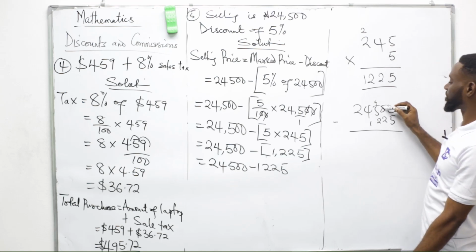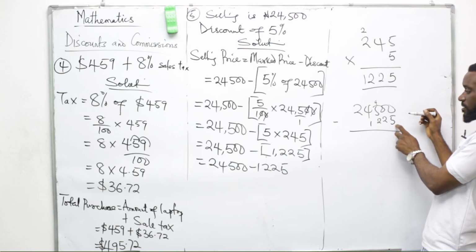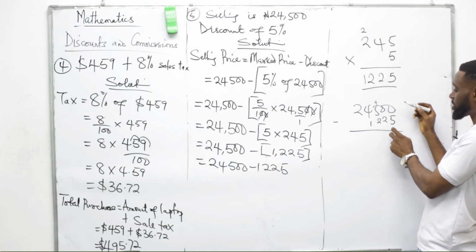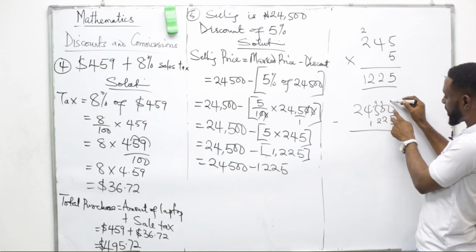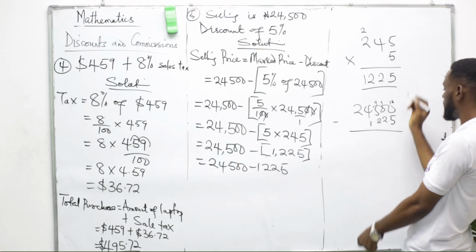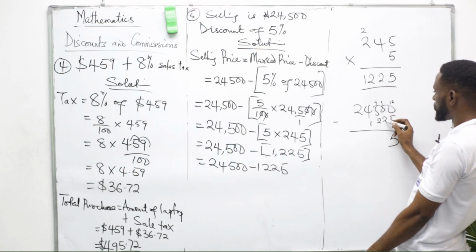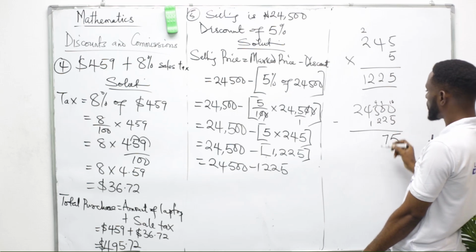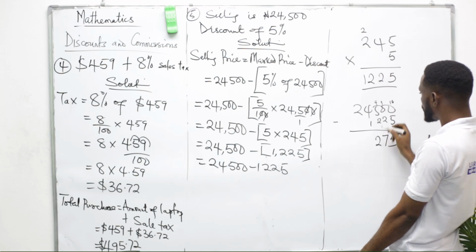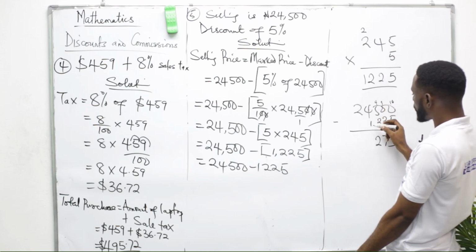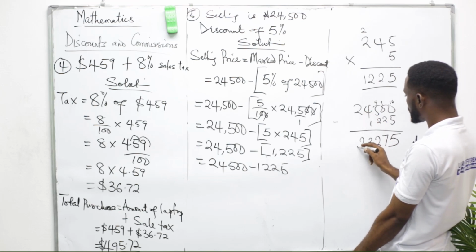We'll put here, it becomes 10. But we are going to the last number because there is something here that is bigger than 0. So from this 10, we'll also take 1. It becomes 9 now. We'll take 1 here to be 10. So 10 minus 5 is 5. 9 minus 2 is 7. 4 minus 2 is 2. 4 minus 1 is 3. 2 minus nothing is 2.